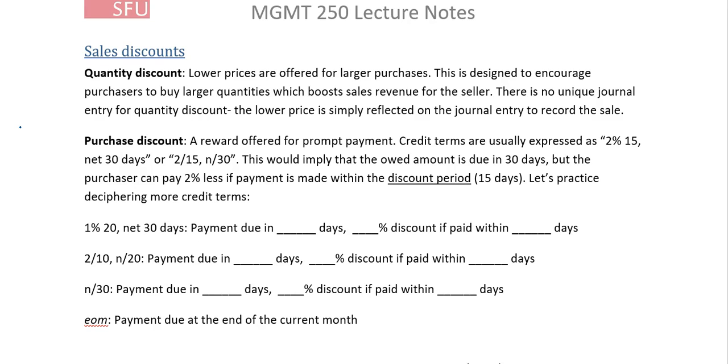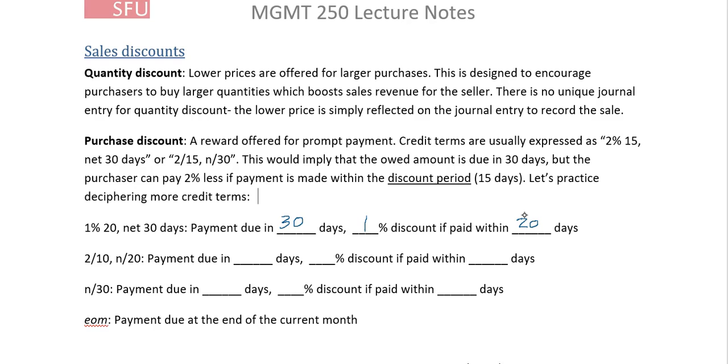So what that means is the payment, the net amount, is due in 30 days, but you have an opportunity to earn a 1% discount if you pay within 20 days. 2/10, n/20.